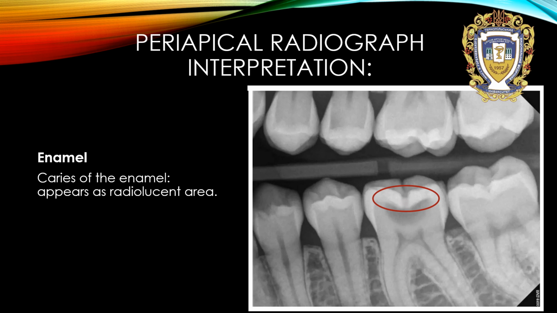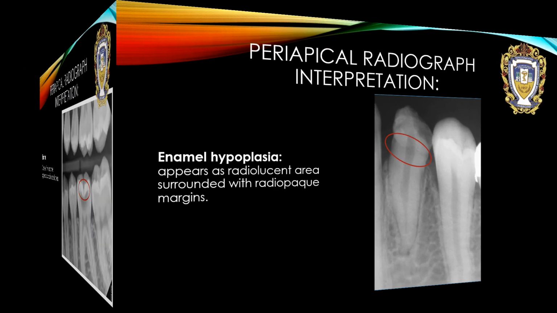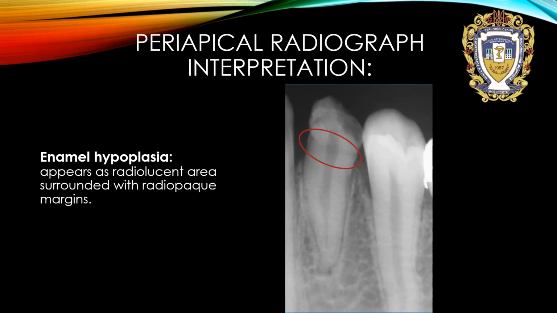Interpretation. What we can find in enamel. Caries of enamel appears as a radiolucent area. Enamel hypoplasia appears as a radiolucent area surrounded with radio-opaque margin.